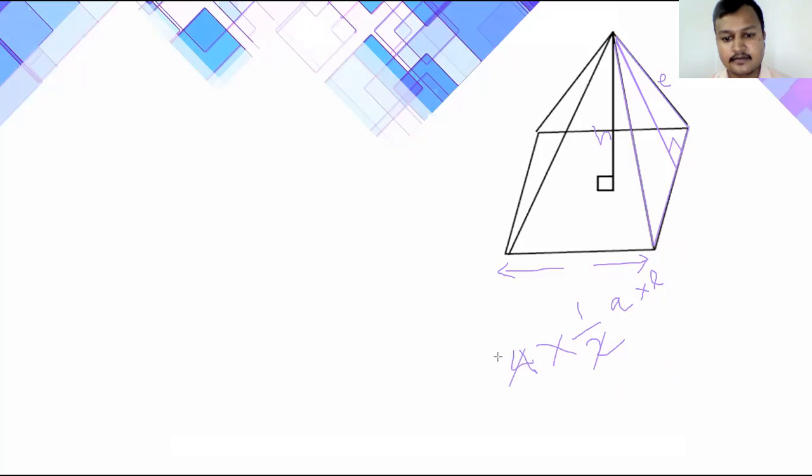If we cancel out this, 4, 2 to the 4, what remains here? 2 only. So lateral surface area is 2AL. Lateral surface area of pyramid is area of 4 triangles, that is 2 times A into L.